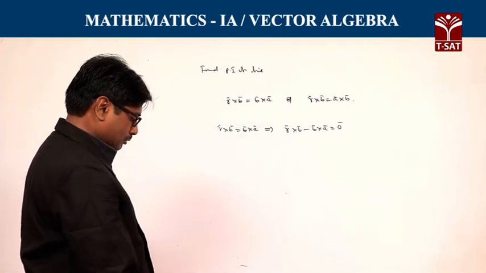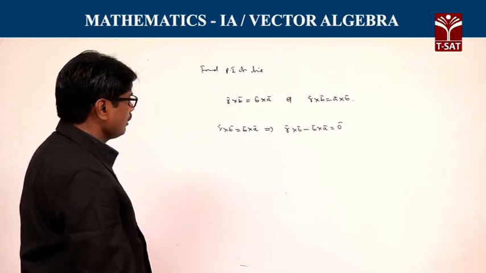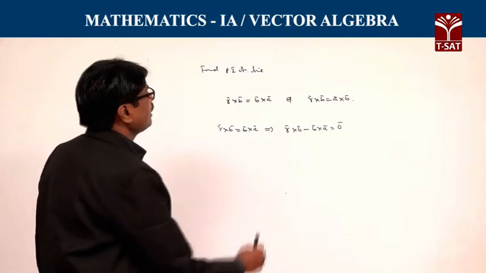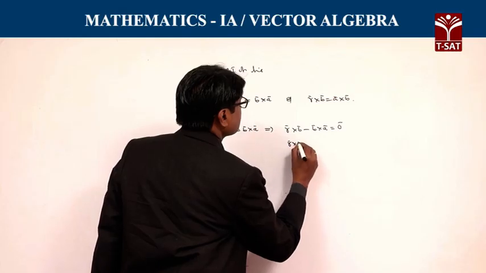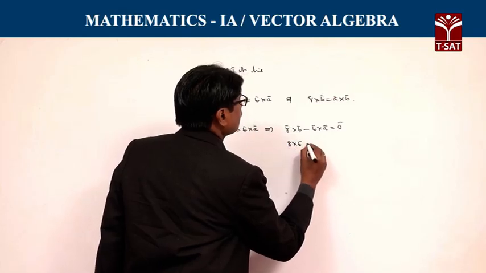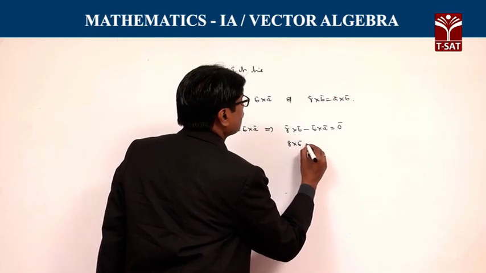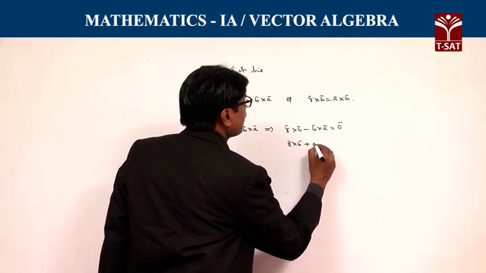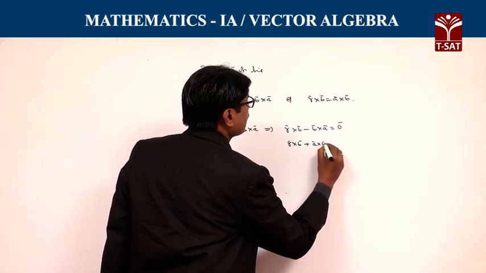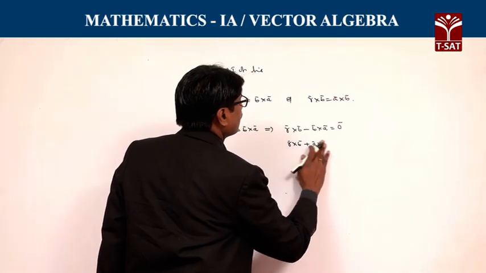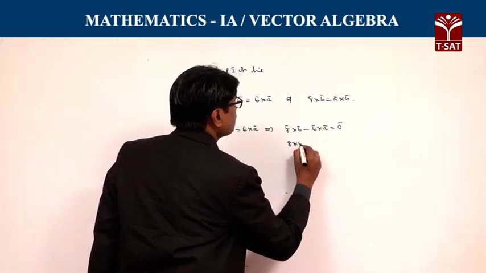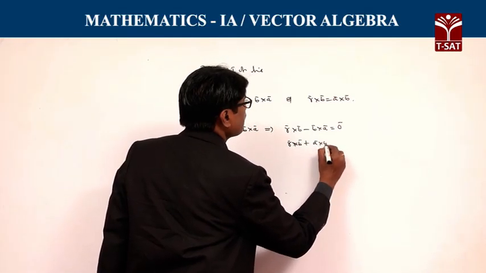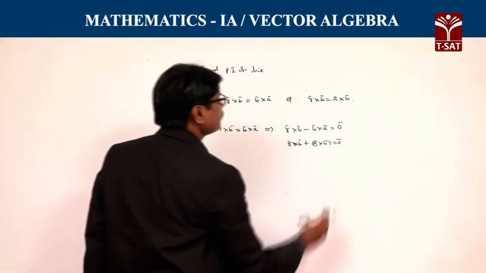From the above, it can be written as R bar cross B bar plus A bar cross B bar is equal to 0 bar.